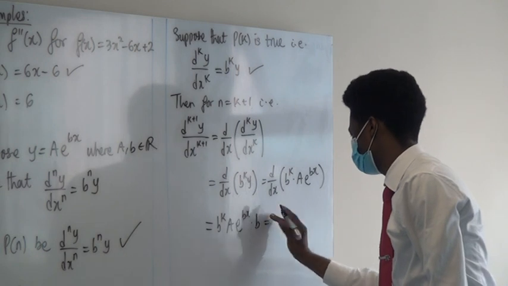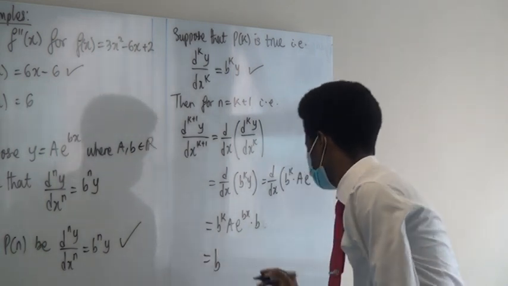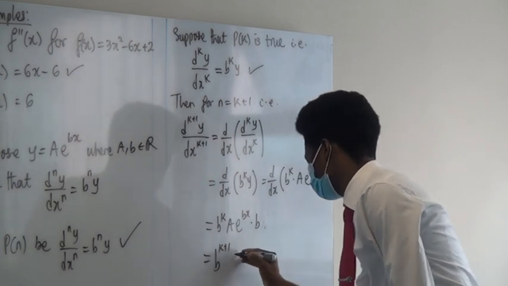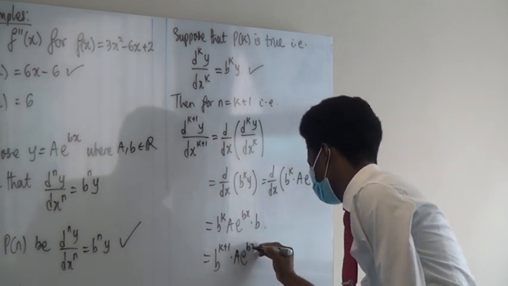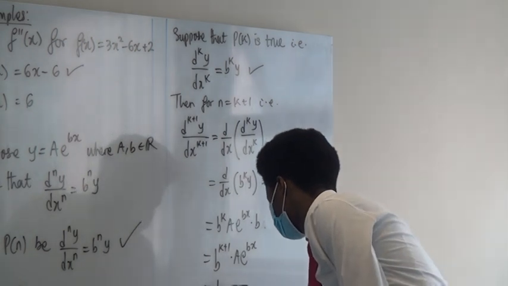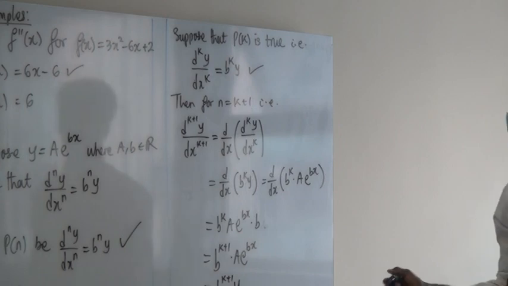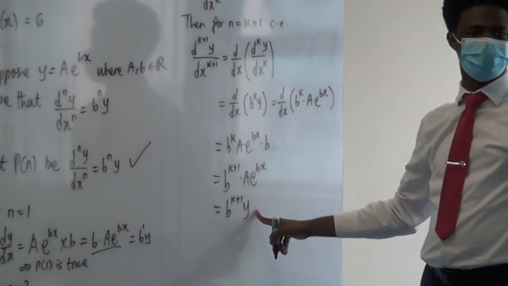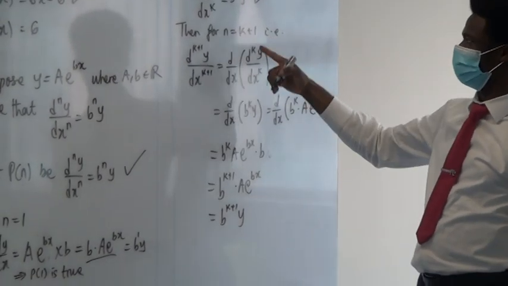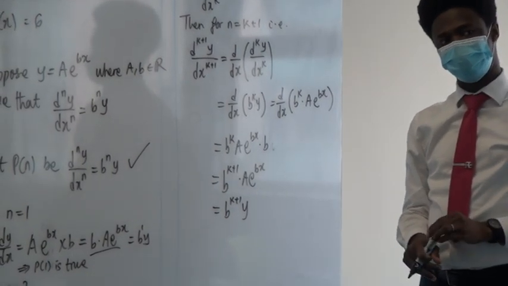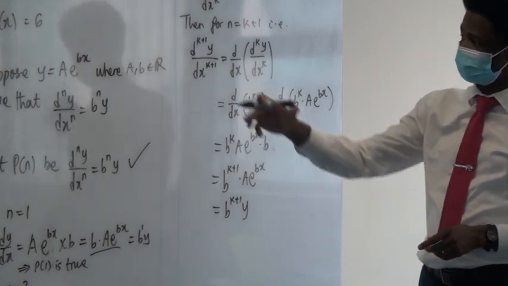Clearly that is b to the power of k plus 1 times a e^(bx). So this is simply b to the power of k plus 1 times y. And because we have been able to show that it is also true for n equal to k plus 1, then it is true for all values of n. And that ends your proof.